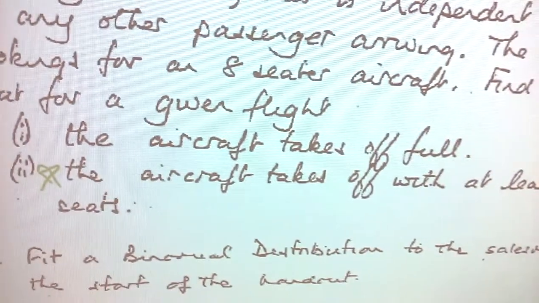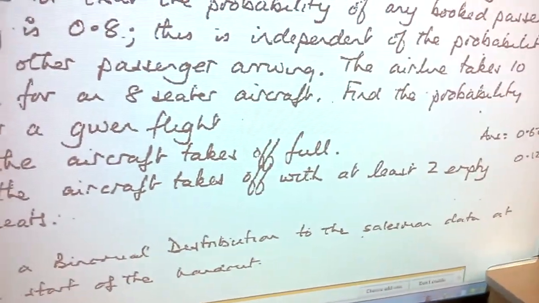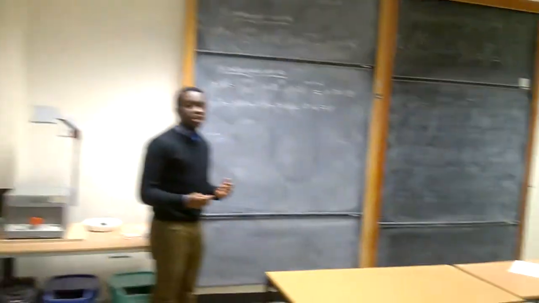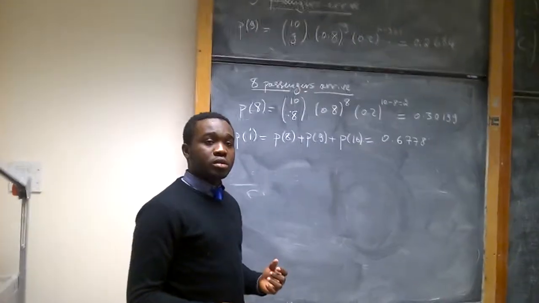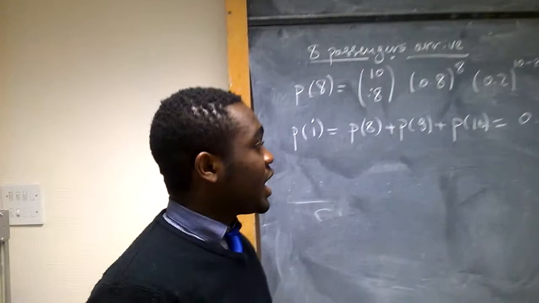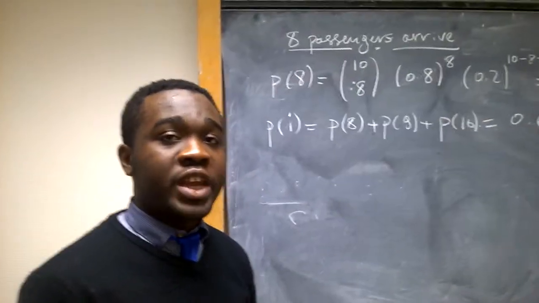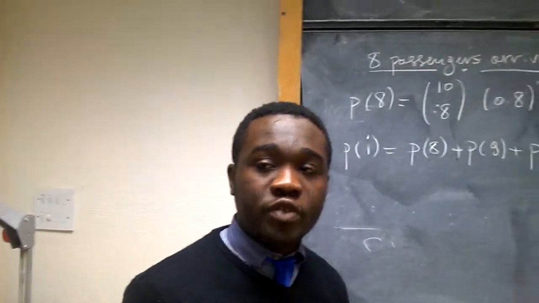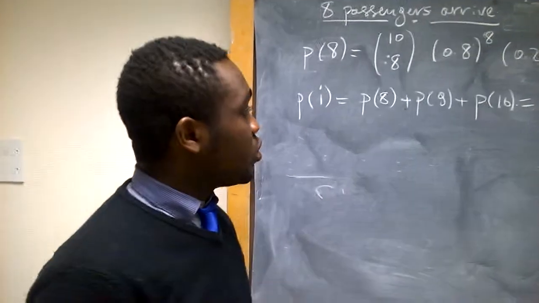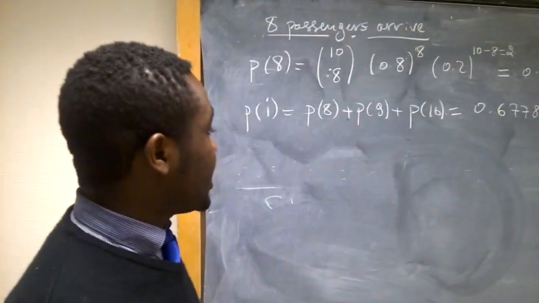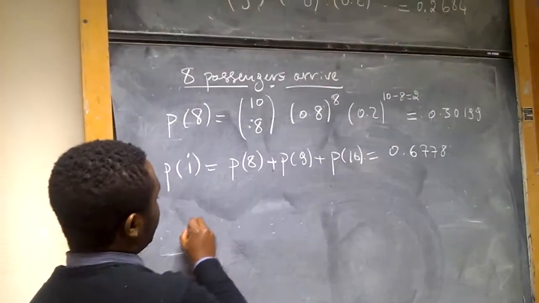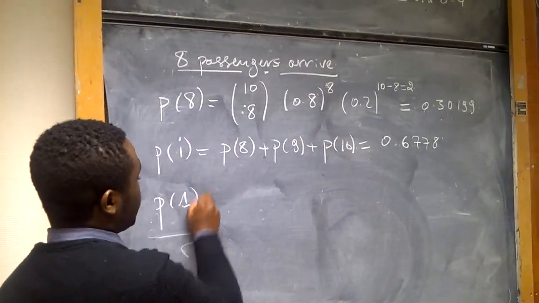So actually, the plane has 8 seats, and we've got 10 passengers who have booked. If one of them comes, the probability of one of them coming will be P of 1.